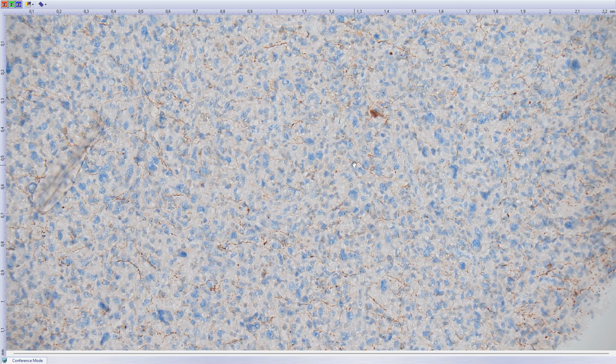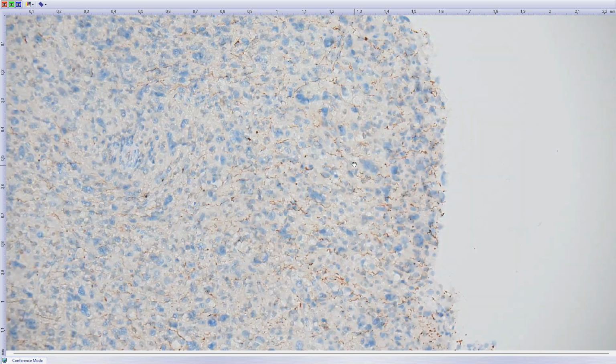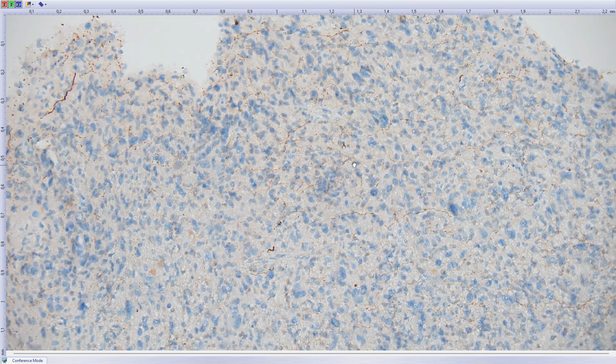In this case, at least in some proportion of this lesion, you have neurofilaments. So in addition to showing an expansile growth pattern, this tumor is infiltrative as well. But it's rare, but it may happen in pilocytic astrocytomas.